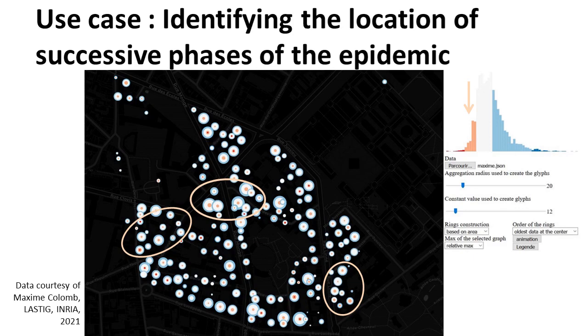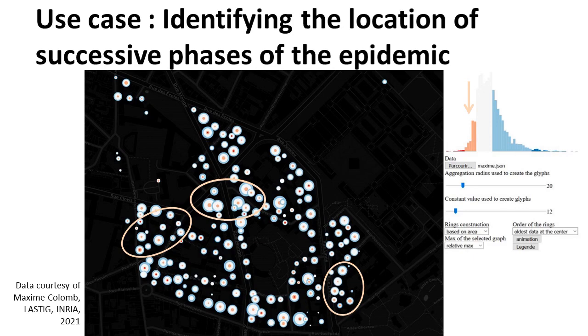Then you can see on the temporal diagrams on the right of the screen that the number of cases reaches a peak represented in white, and you can see that the events corresponding to this peak, represented in white in the map, are present all over the studied area.